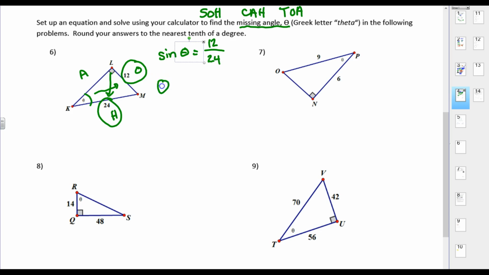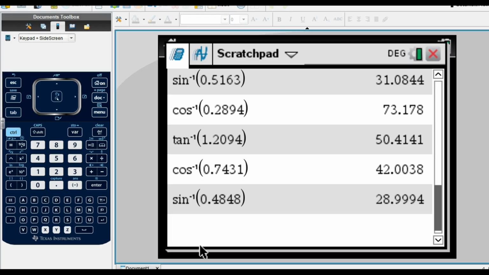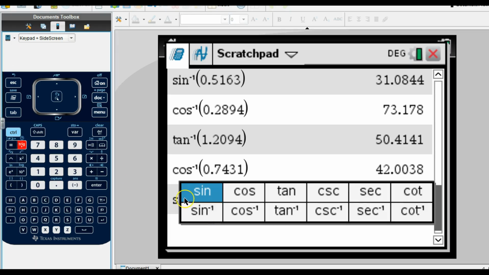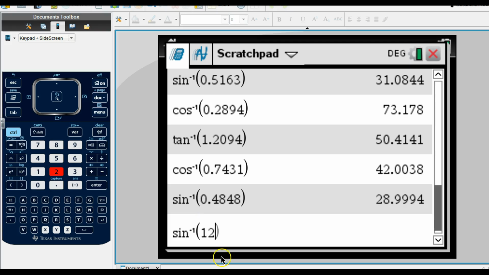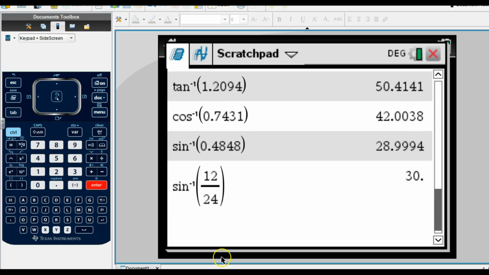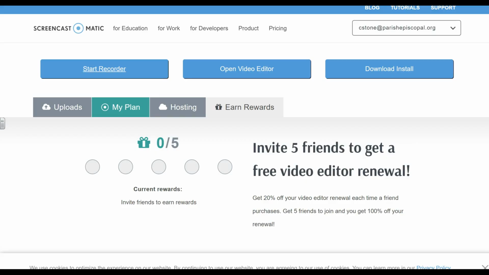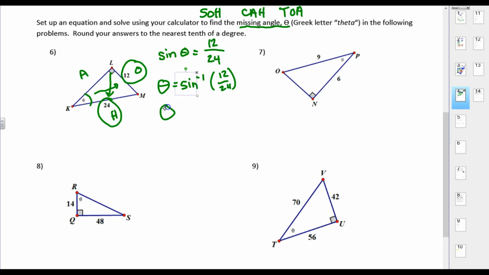Or, since I'm looking for an angle, theta equals sine inverse of 12 over 24. Then we jump into the calculator to find that out. Trig, sine inverse of 12 over 24, and I get 30 degrees, which means that theta equals 30 degrees.